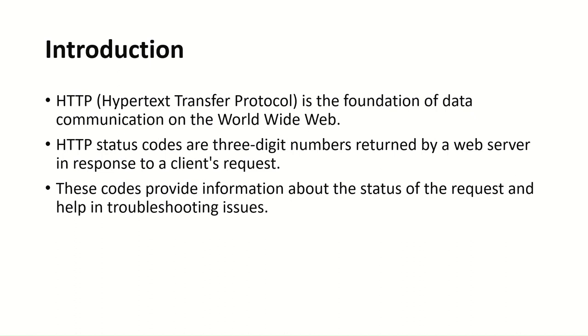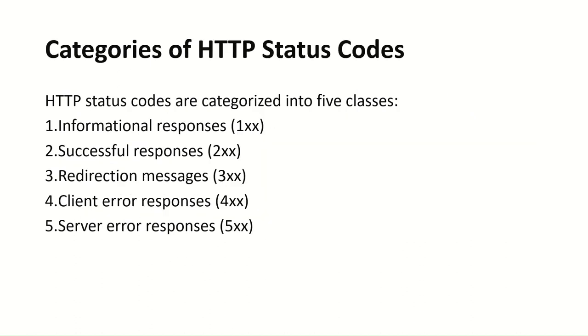Now let me go to the next slide and discuss the categories of HTTP status codes. HTTP status codes are categorized into 5 classes. The first is the informational class, the second is the successful class, the third is the redirectional class, the fourth is the client error class, and the fifth is the server error class.